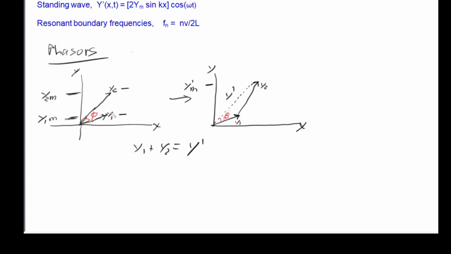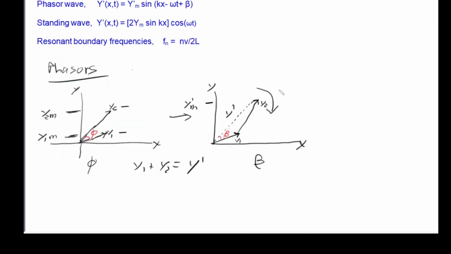So y2 and y1 are out of phase by the phase angle phi. And our resulting vector y prime is out of phase with y1 by the phase angle beta. And then y prime rotates around the origin to give us a sinusoidal pattern.